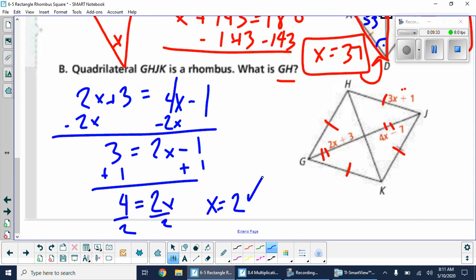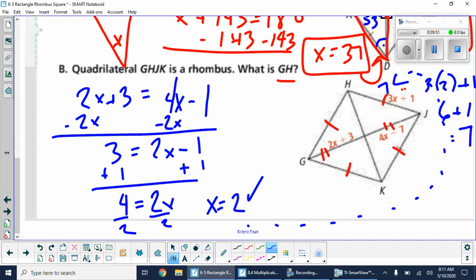So now we need to take this and plug it in here. So it's going to be 3 times 2 plus 1. Well, 3 times 2 is 6. Add 1 to that, that's 7. So that means this side is 7, which means this side, and this side is 7. So GH equals 7.